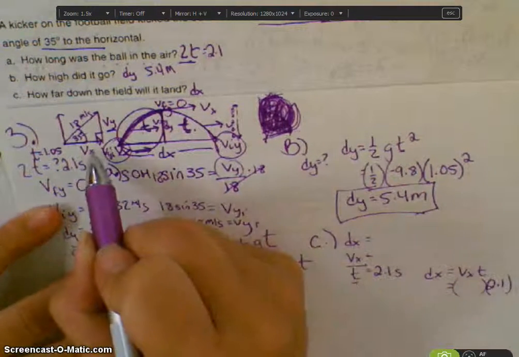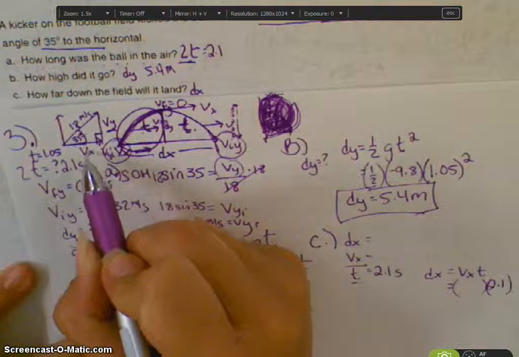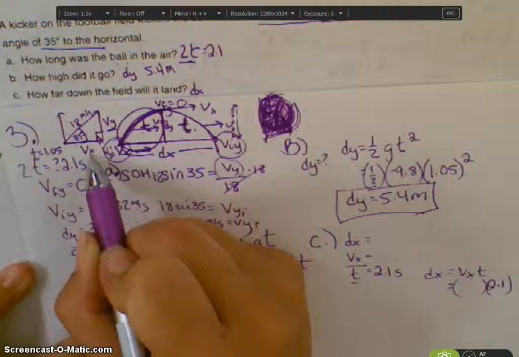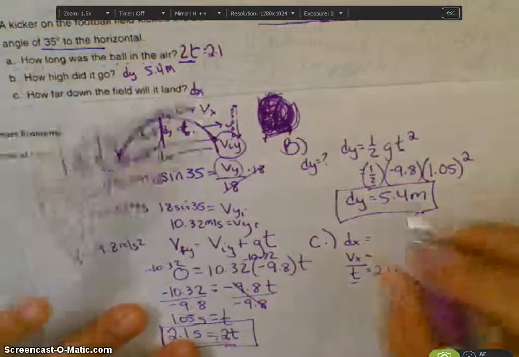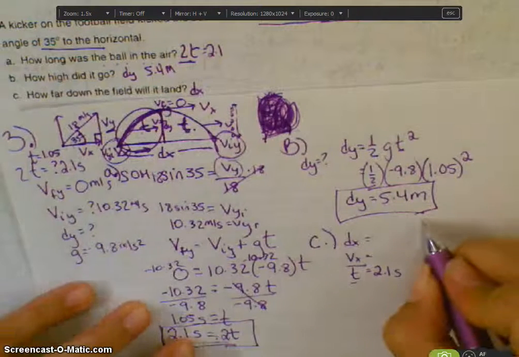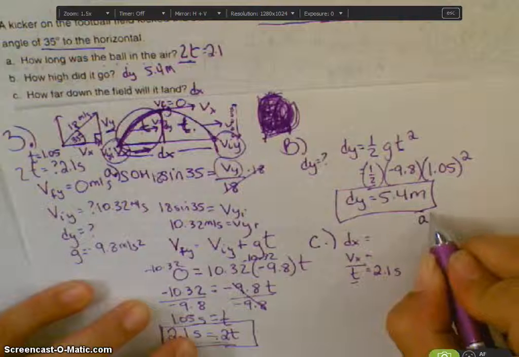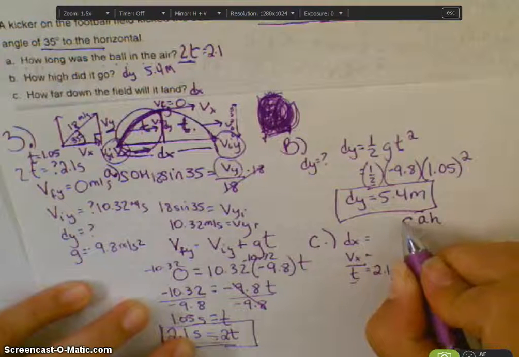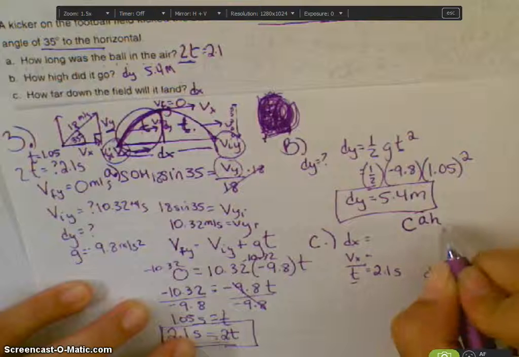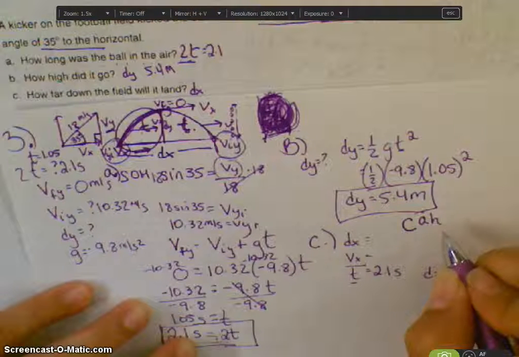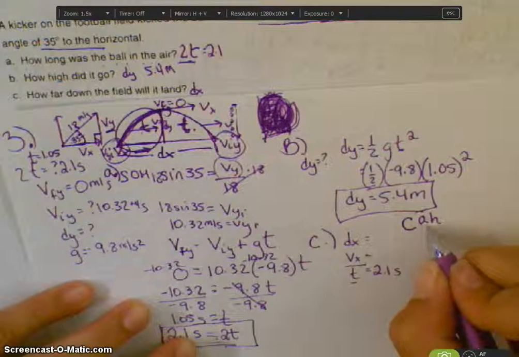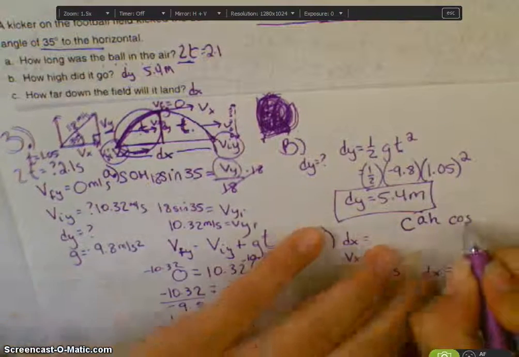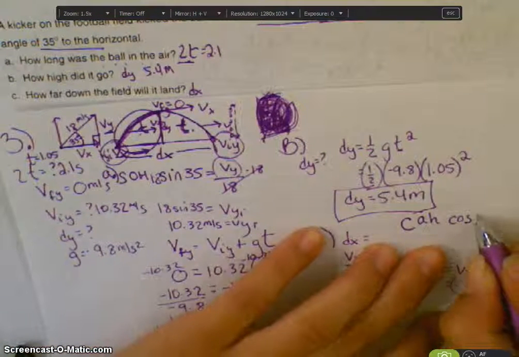I'm going to go all the way up to my handy-dandy triangle up here. I have my angle, I have my hypotenuse, and I'm trying to find my adjacent. Remember, tan is opposite over adjacent. Right now I'm trying to find my adjacent, and I have my hypotenuse, so I'm going to do cosine of what angle?